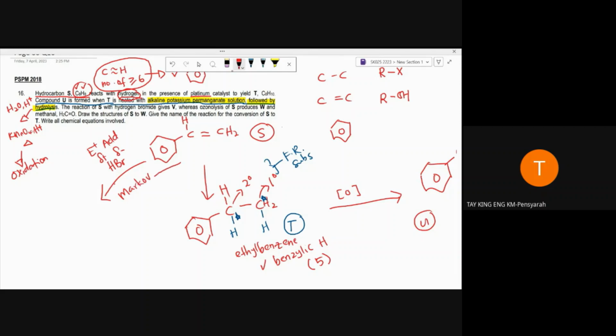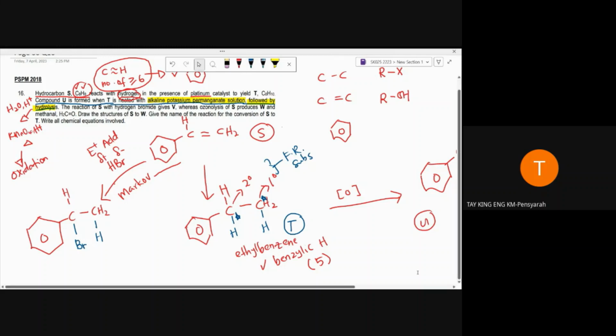So saya tak tulis penuh. So kita akan dapat structure ini. CH. So ini break the double bond, form 2 new single bonds. H akan masuk kepada sebelah kanan. Br adalah sebelah kiri. Okay. So dah settle untuk V.